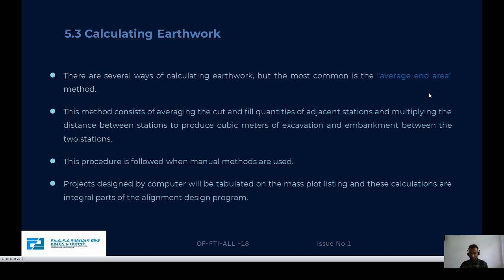Mostly it is 100 feet or 15 feet, so multiply by the length over 54 when we use feet, and over 2 when we use the meter system. This procedure is followed when the manual method is used. The project designed by a computer will be tabulated on the mass plot list and calculates integrated parts of the alignments.